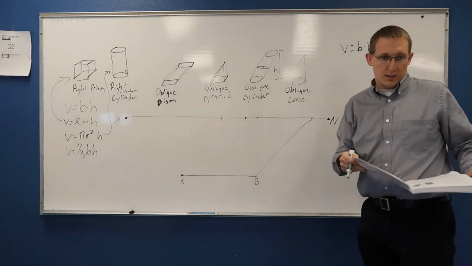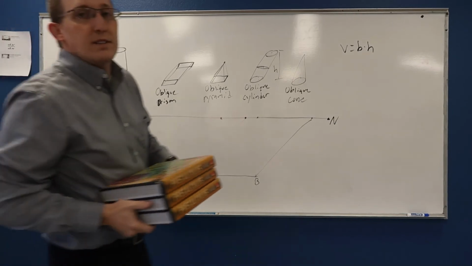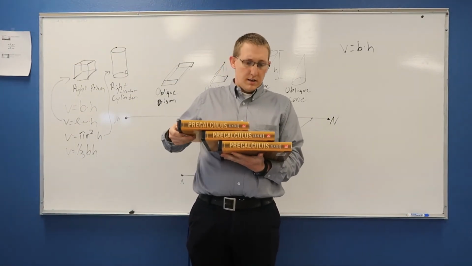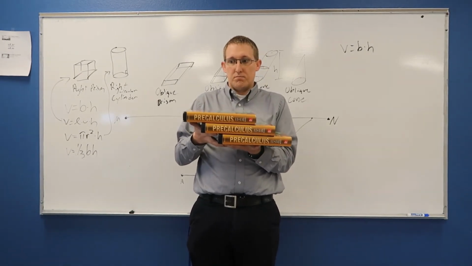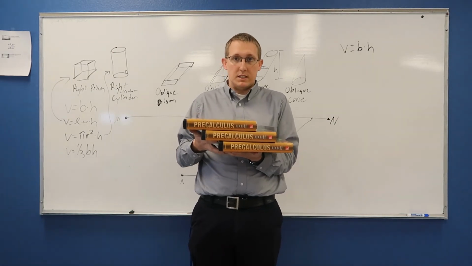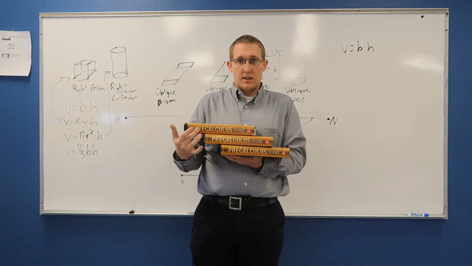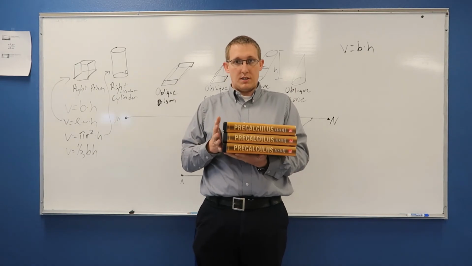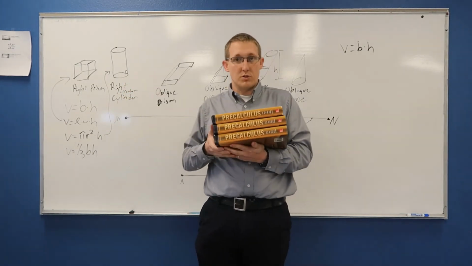Essentially, if you think about it, going back to our book, I'm just going to do 3 this time, so it's not as heavy. If you've got your oblique prism here, if you can find the area of one of these slices and then find the height, it's essentially like you're pushing everything back together so it's straight again, like you would do for the right prism.